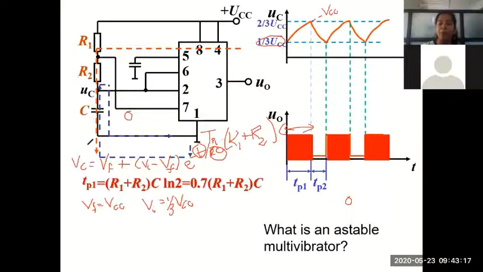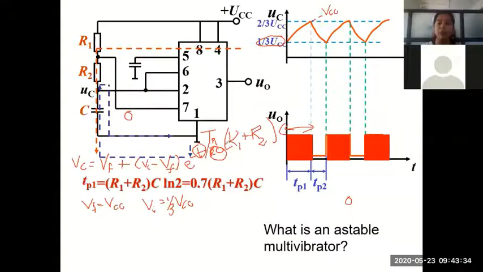So when you make all these substitutions, please make a note of this. Vf will be VCC, the final voltage to which the capacitor can charge if allowed. But the starting point Vi is 1/3 VCC.